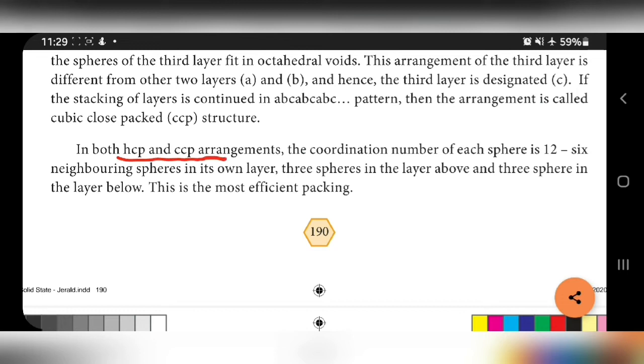In both HCP and CCP arrangements, the coordination number of each sphere is 12, that is, it is surrounded by 6 neighboring spheres in its own layer. Totally coordination number 12, that is, totally 12 atoms are surrounding. 6 neighboring spheres in its own layer, 3 spheres in the above layer and 3 spheres in the lower layer.